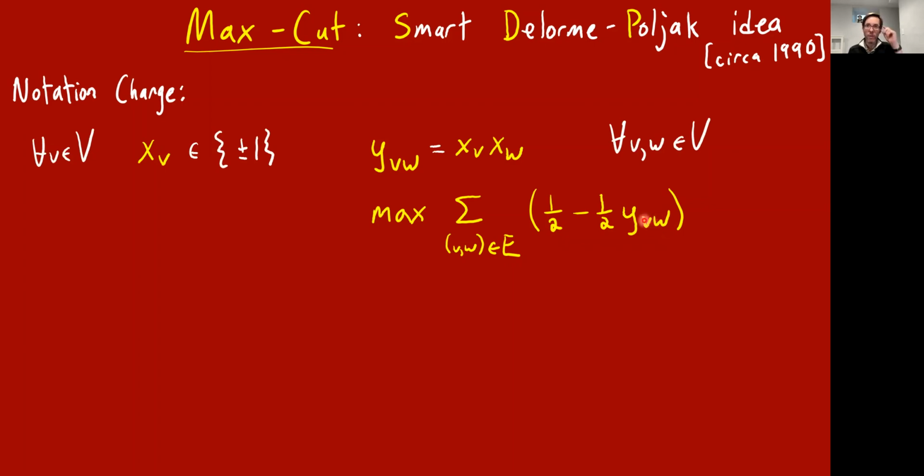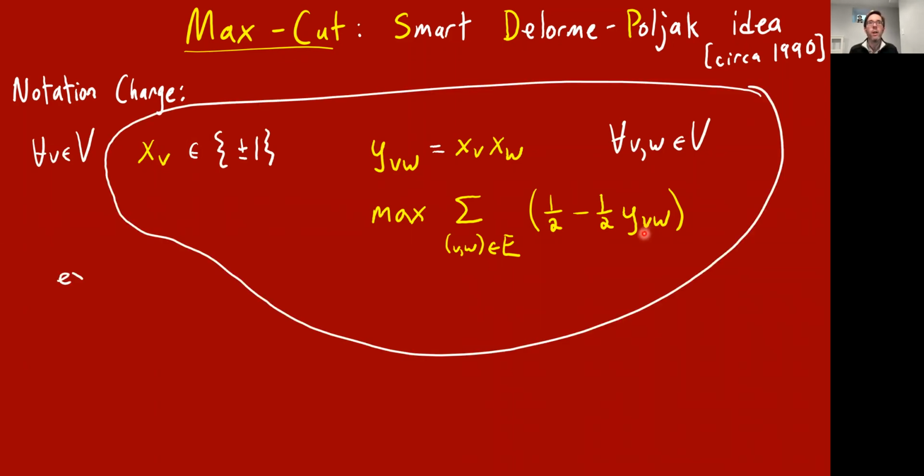And if xv is different from xw, then yvw is minus 1, so this expression is 1. So with this new notation, this parentheses expression is the indicator that xv differs from xw, and so this objective function, which is still a linear objective in the variables yvw, exactly encapsulates max cut. Okay, so what I'm trying to say here is, I've just switched notation. So far, this program, if you could carry it out, exactly captures max cut.